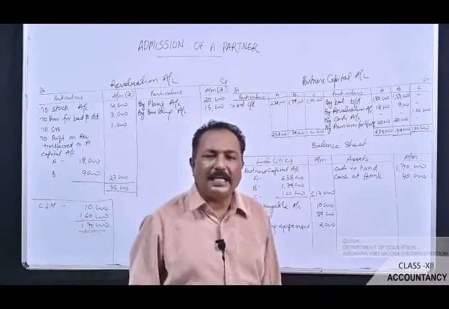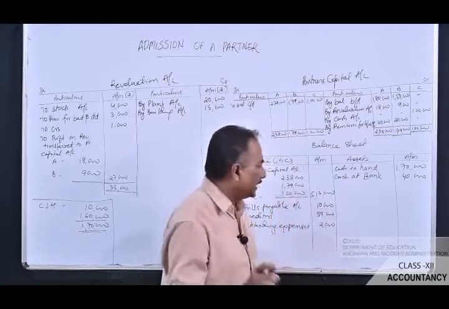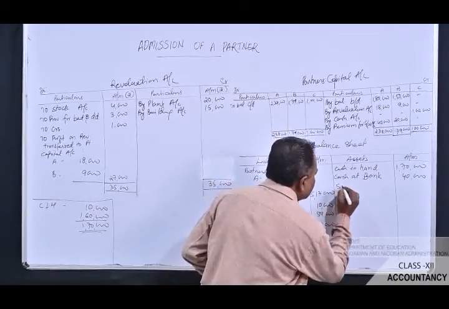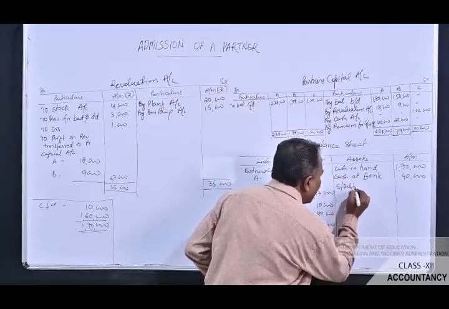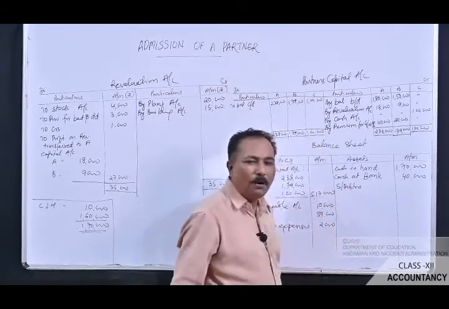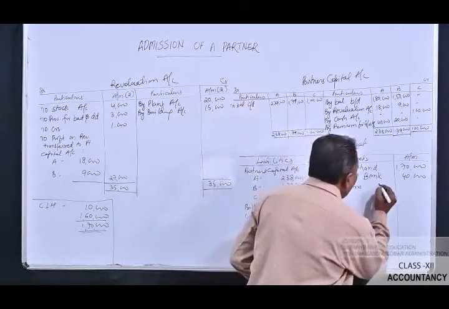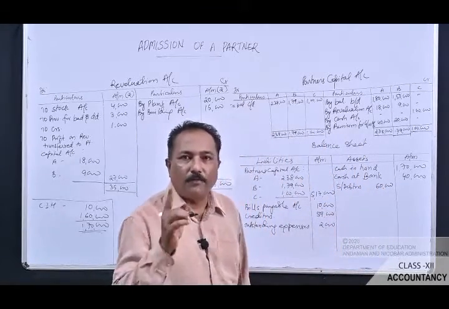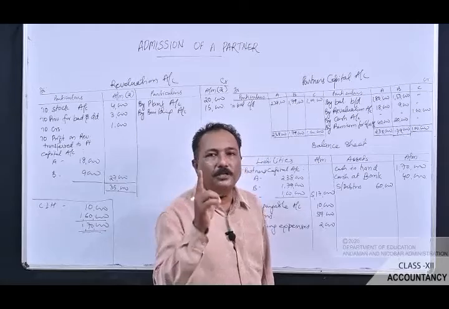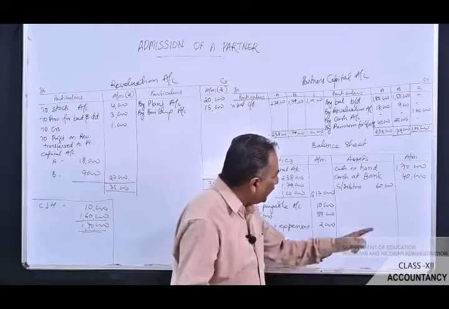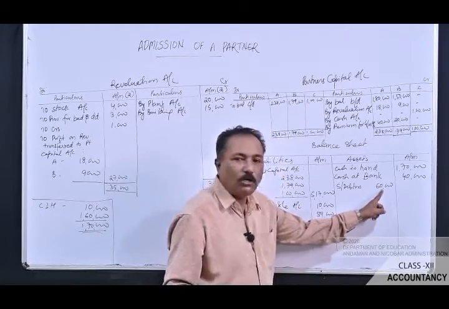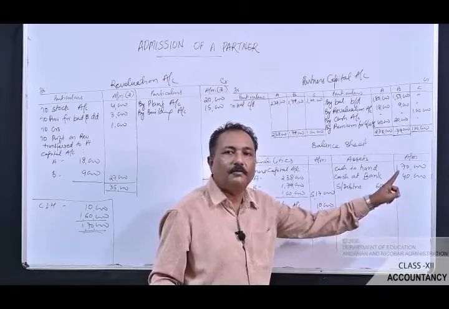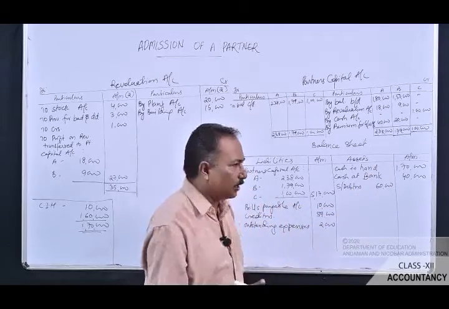Now let's pass on to the next item, that is the sundry debtors. The value of sundry debtors given in the old balance sheet is rupees 60,000, and you were asked to create a provision for doubtful debt to an extent of 5%. We had calculated the provision for doubtful debt on debtors and that amounted to rupees 3,000.